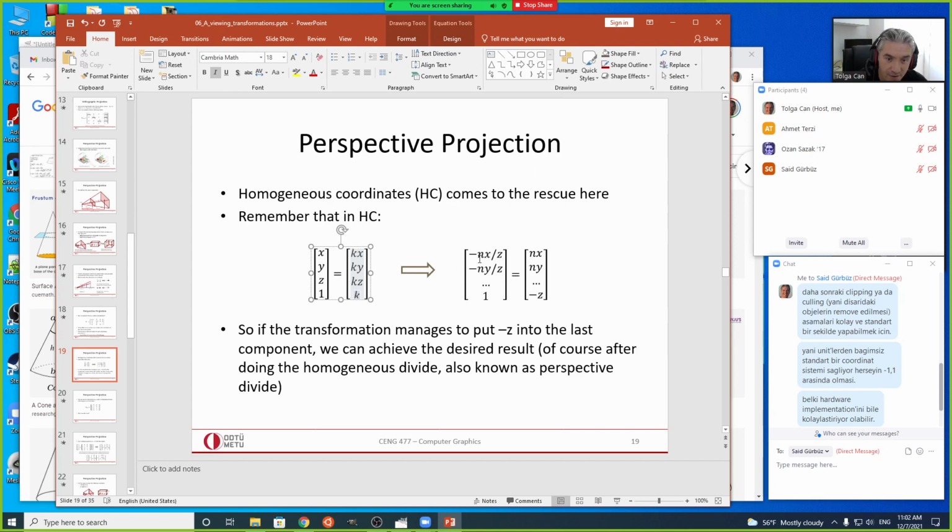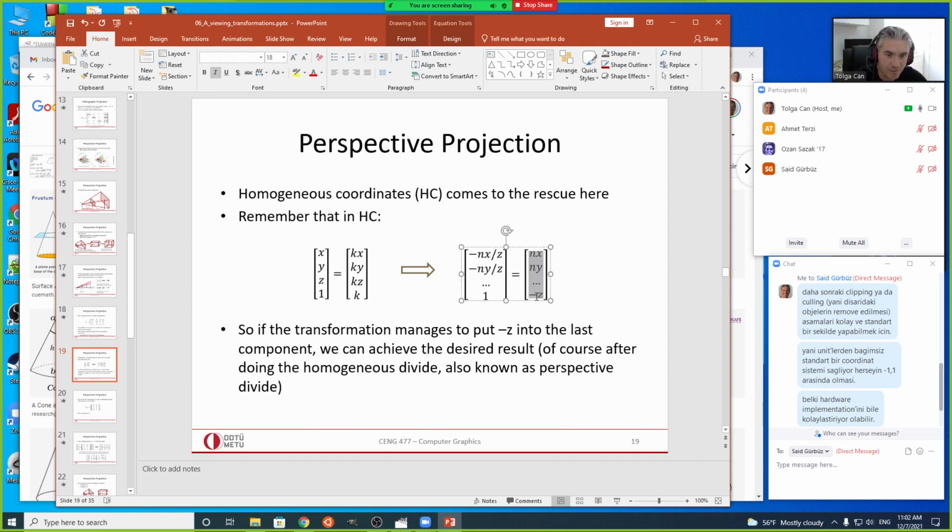So if we want the new x coordinate to be x divided by z, we could have this division by z as the fourth parameter. This way, we can form these new points with a constant projection matrix.